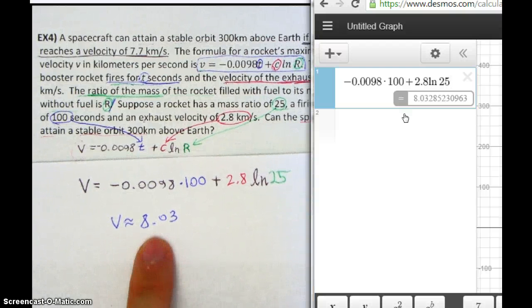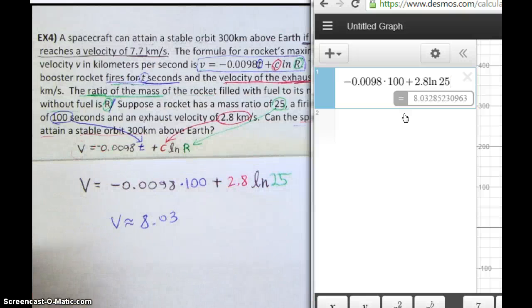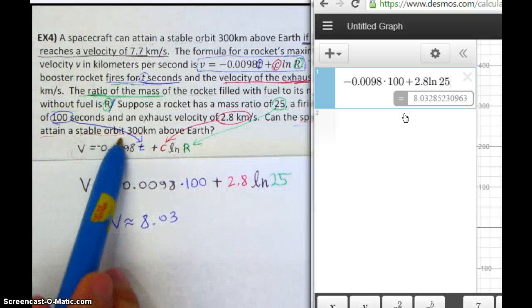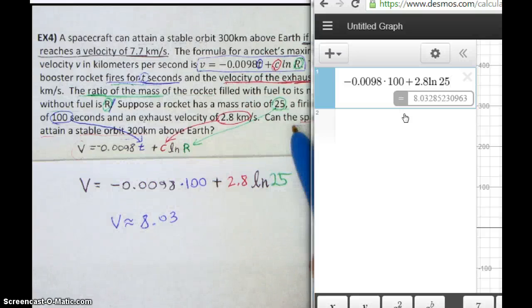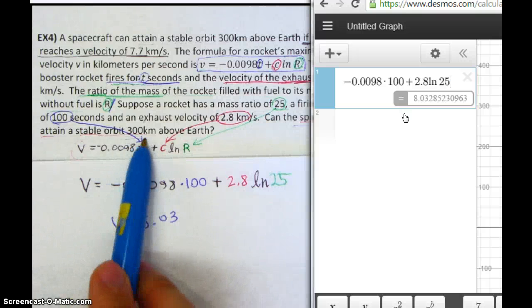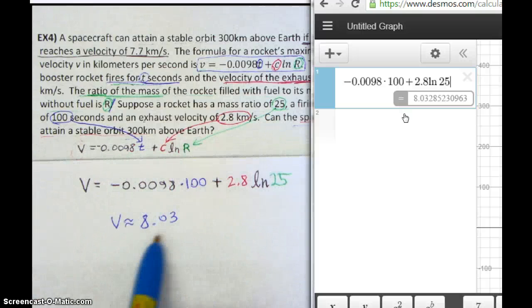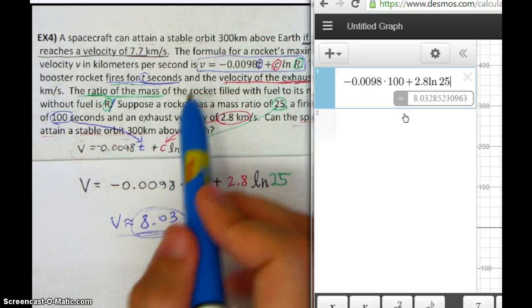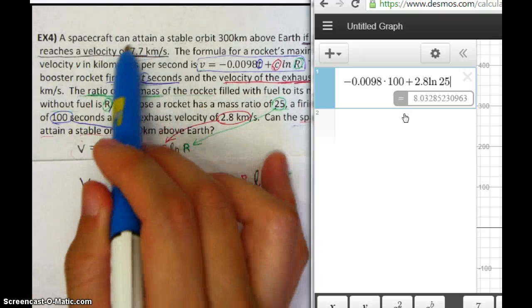So that's our velocity. So can the spacecraft attain a stable orbit 300 kilometers above the Earth? That means, can the spacecraft stay 300 kilometers above the Earth? The velocity is 8.03, and the required minimum velocity is 7.7.